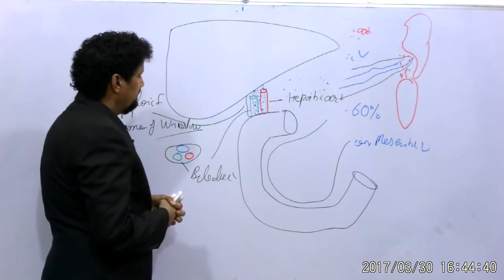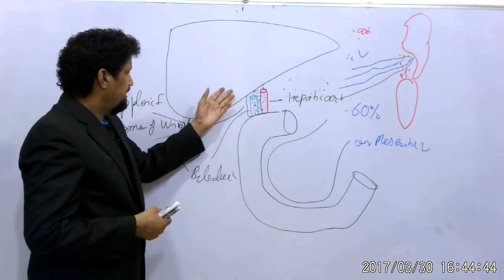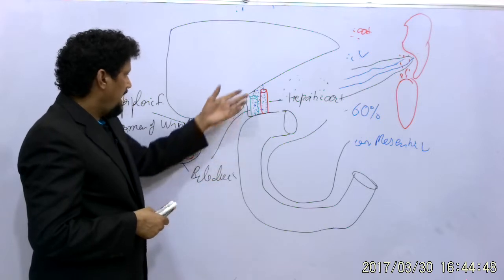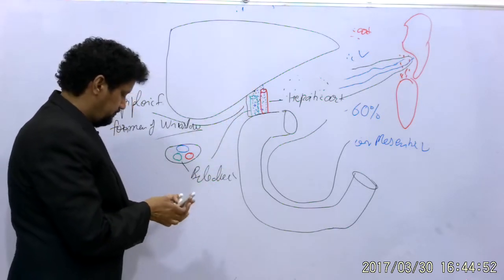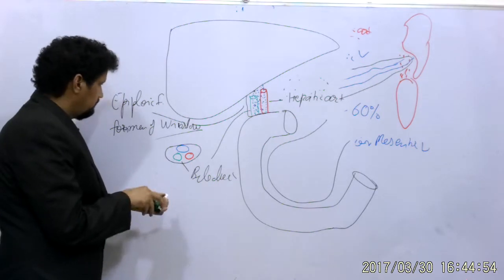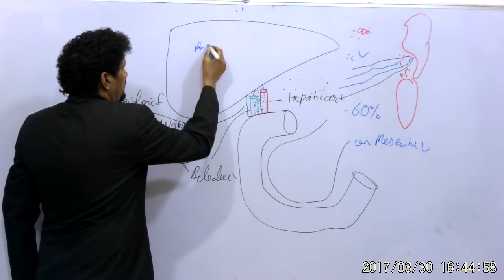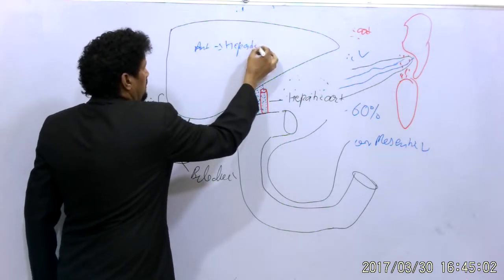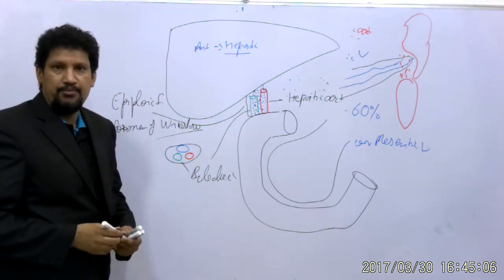On reaching the liver, the relations of the portal vein are different. Anteriormost in the liver is the hepatic duct, which is bringing the bile from the liver.